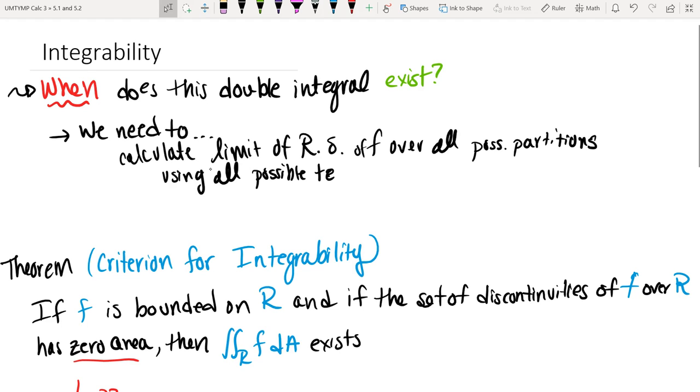That would be how we could confirm that the function is indeed integrable.